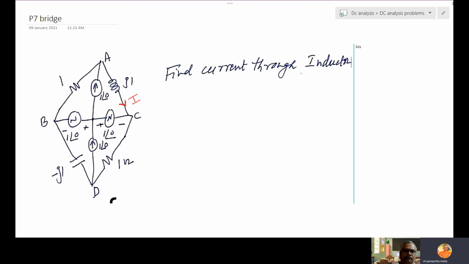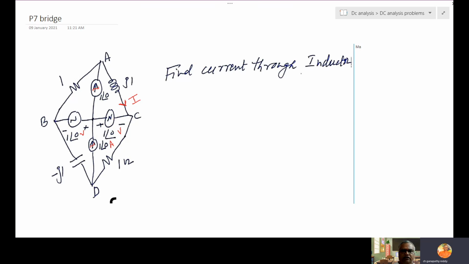One of angle 0, one of angle 0, they are the voltage sources. One of angle 0 is a current source. These are all AC current sources. These two are AC voltage sources.